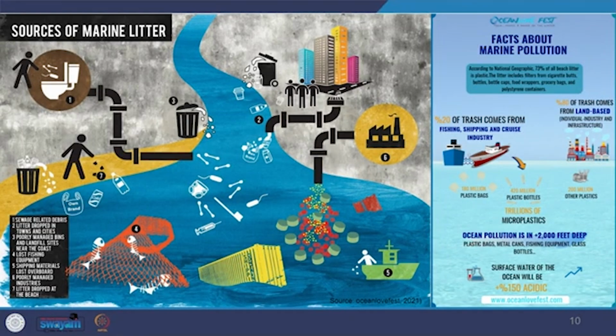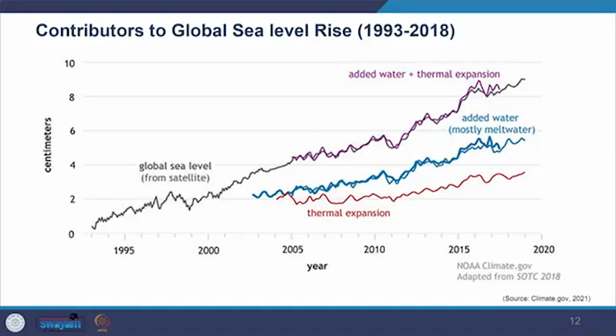We observe that as per the Global Environment Outlook report, more than 80% of marine pollution comes from our land-based activities. We see that there is a rapid change in entire marine ecosystems. There are frequent coral bleachings and notable sea level rise.